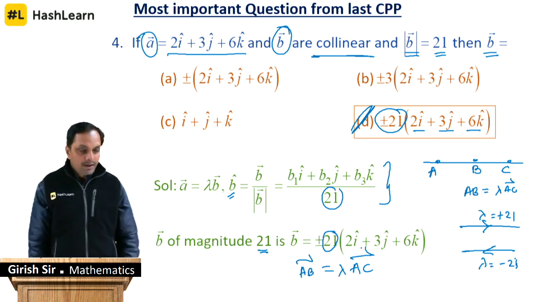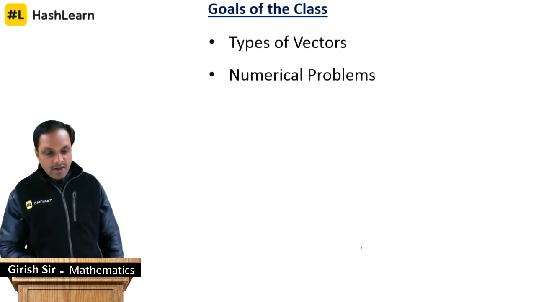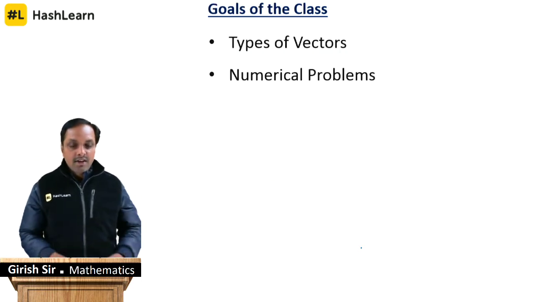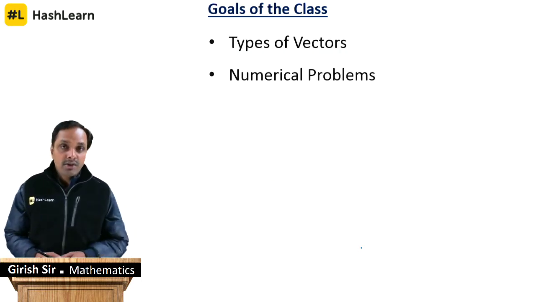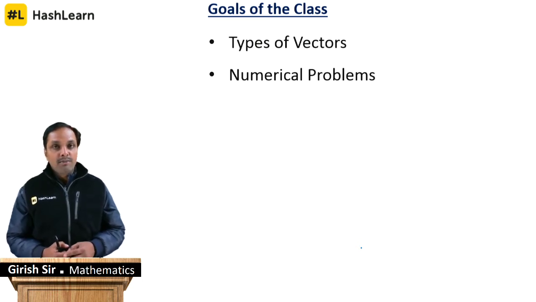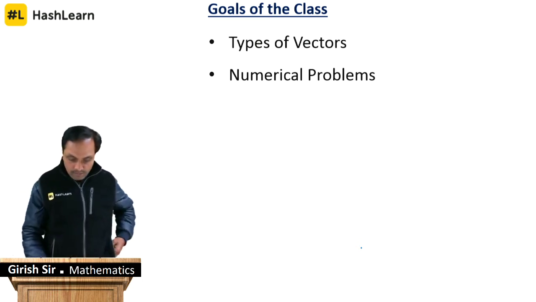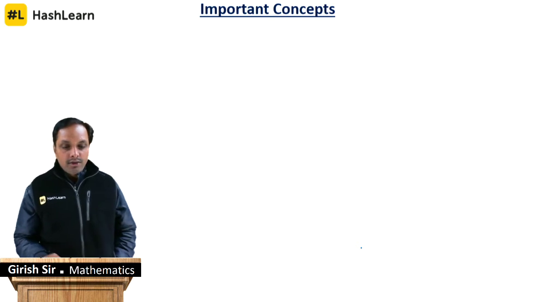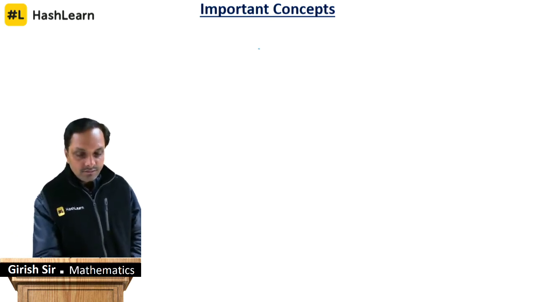Okay, fine then. With this we are going to start the goals of this class. We are going to cover the types of vectors and the numerical problems based on those.